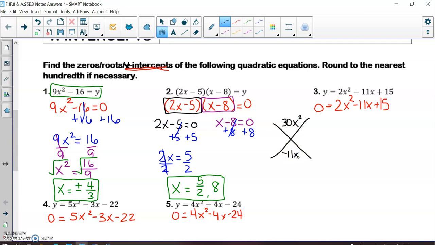So I would need two numbers when multiplied together equal a 30x squared, but when added together equal a negative 11x. That's going to be a negative 5x and a negative 6x. So now I'm going to rewrite my equation, but instead of writing that negative 11x, I'm going to write a negative 5x minus a 6x. Now I'm going to use the grouping method.